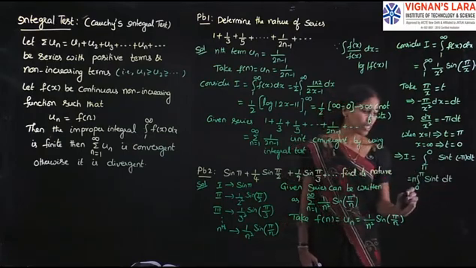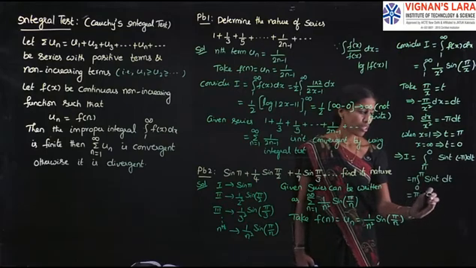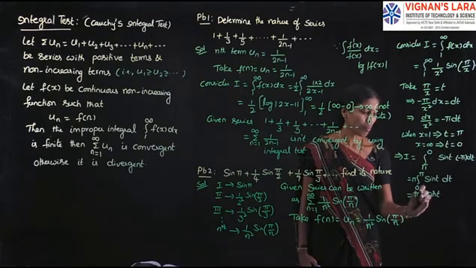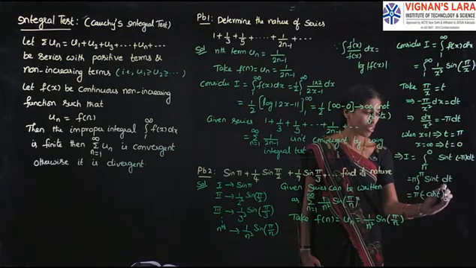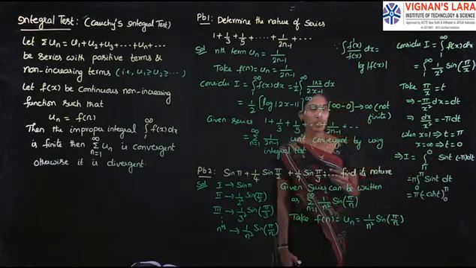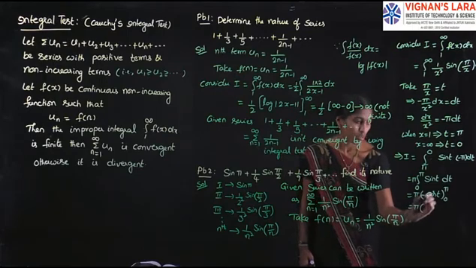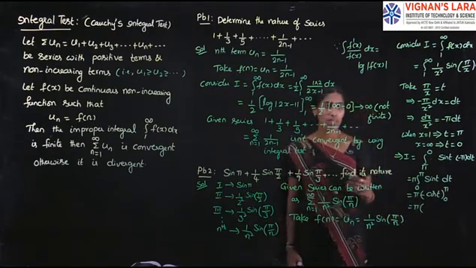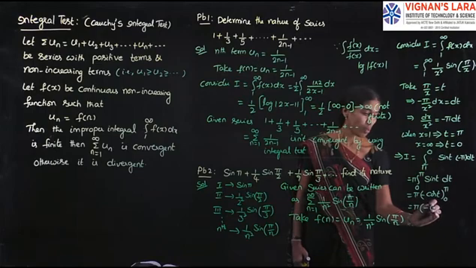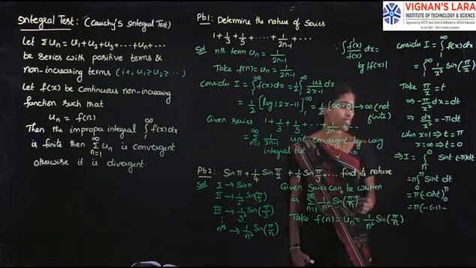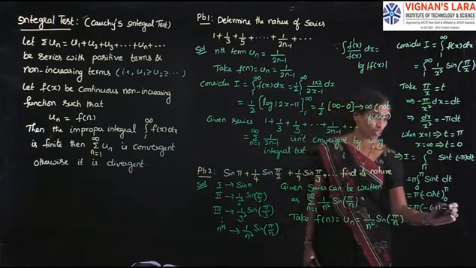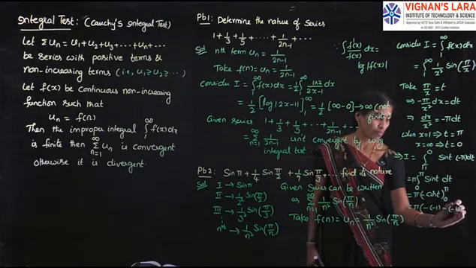So, what is the integration of sine? It is minus cos t, 0 to pi. Then substitute the limits: cos pi value is minus 1, cos 0 value is 1.